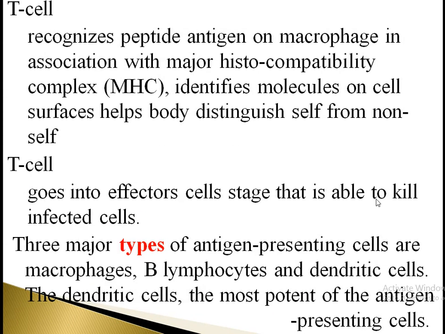But the difference lies in that T lymphocyte recognizes peptide antigen on macrophage in association with major histocompatibility complex. This is the thing which must be there on the antigen presenting cell, after which the attachment of T cell to the antigen presenting cell will be possible.